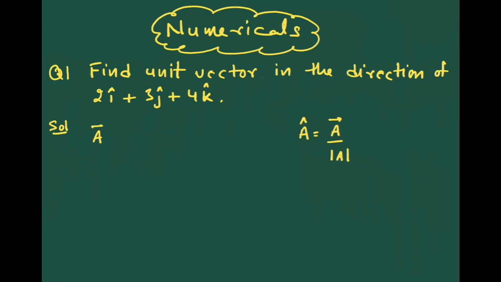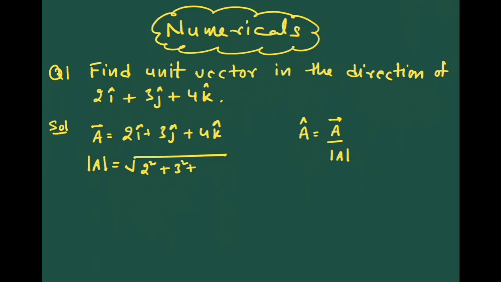So if I take this vector as A, 2i cap plus 3j cap plus 4k cap, and if I take mod of this vector, it is equal to root of 2 square plus 3 square plus 4 square.